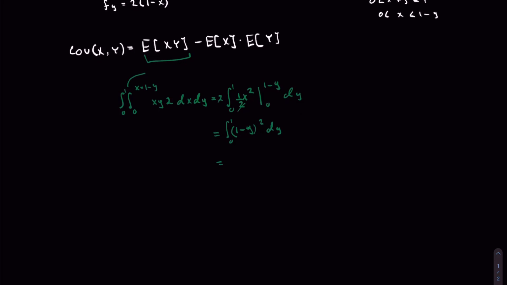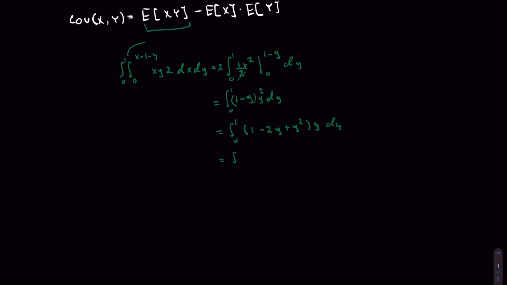We have the y as well, sorry about that. I think the easiest is just to multiply out this whole thing. This ends up being the integral from 0 to 1 of (1 minus 2y plus y squared) y dy.